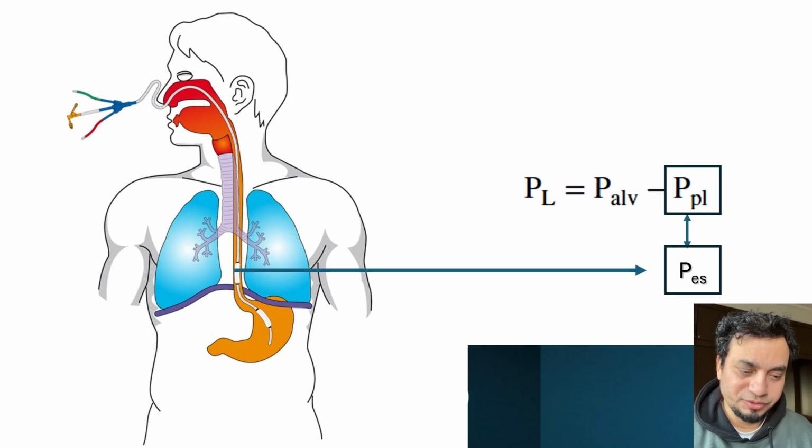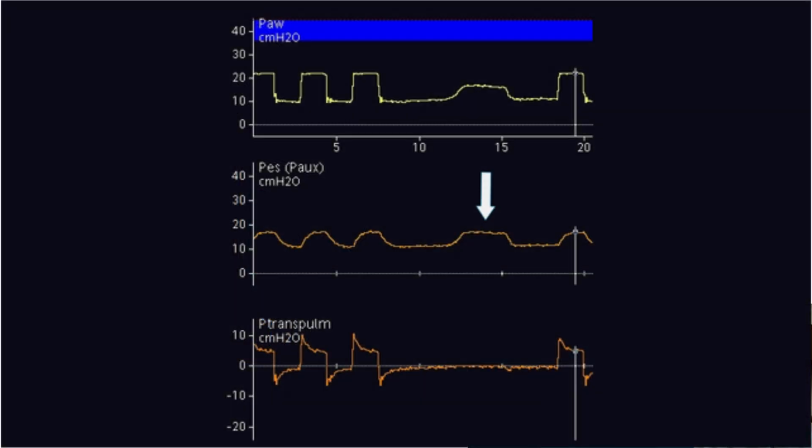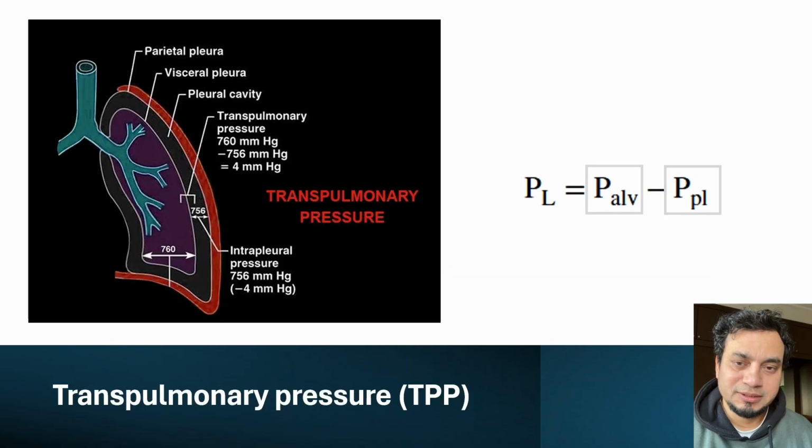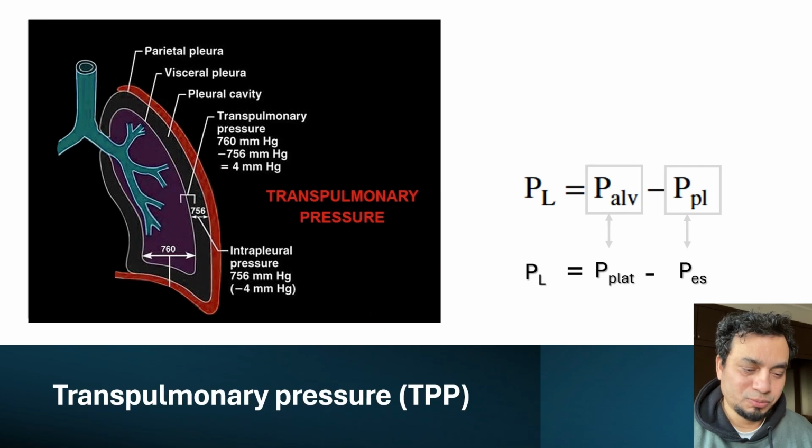This is how we measure it, and then the formula, plateau pressure minus alveolar pressure minus PPL, can be rewritten as P plat minus PES. Plateau pressure minus esophageal pressure becomes the transpulmonary pressure. This is the way we monitor it.